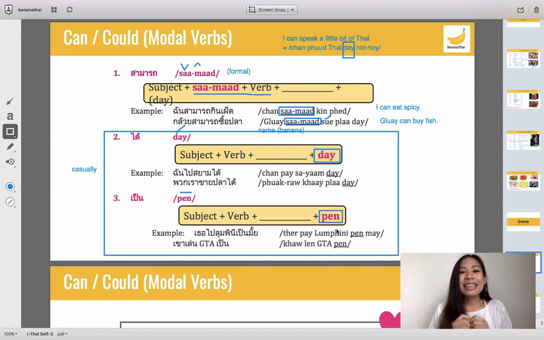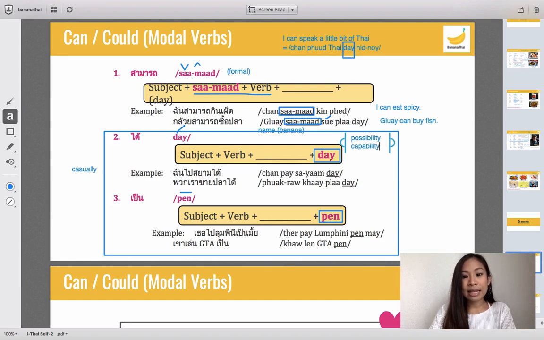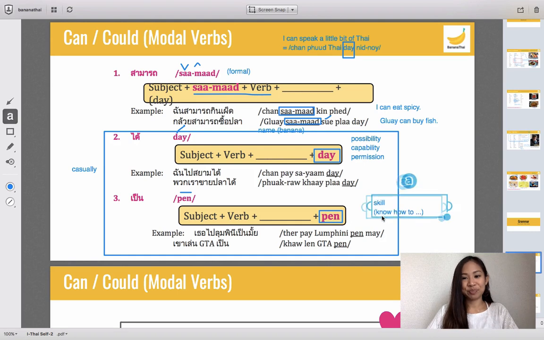The thing is, these two words are used differently on different occasions. ได้ is used for possibility, capability, or permission, while เป็น at the end is for skill, more like knowing how to.